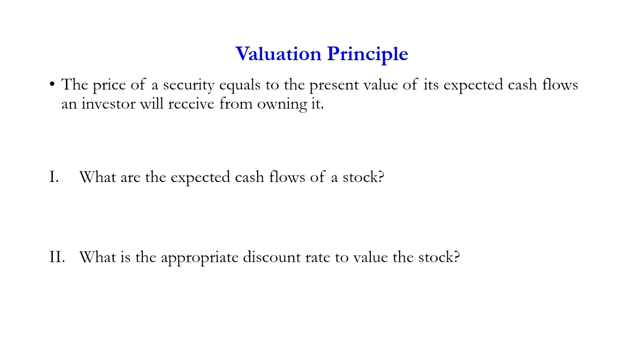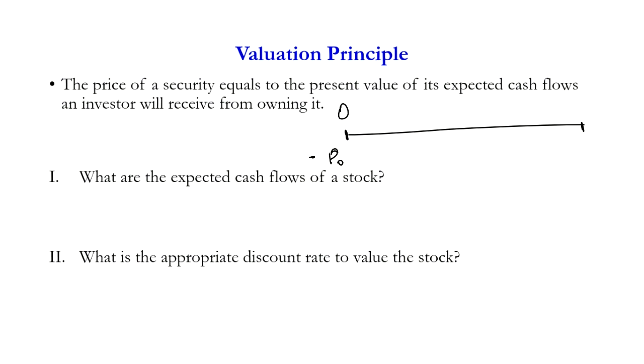So let me draw a timeline for an investor who is going to buy the stock today at time 0 at the price P0. Because you need to pay to purchase this stock, I'm going to put a negative sign in front of P0.